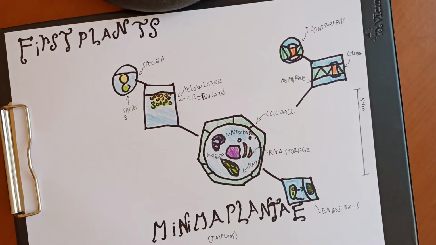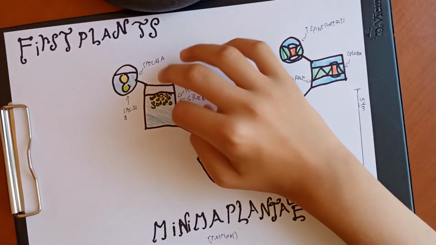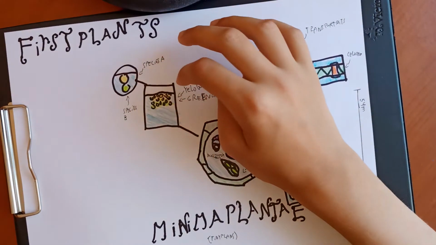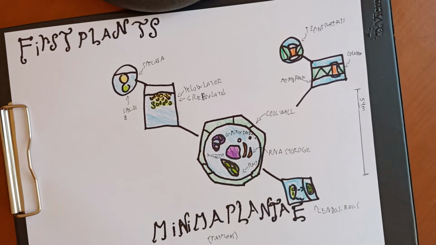This could happen in areas with a strong current, because the plants get mixed up and need to adapt really fast. So species A and species B would be mostly in tidal pools or really shallow environments.